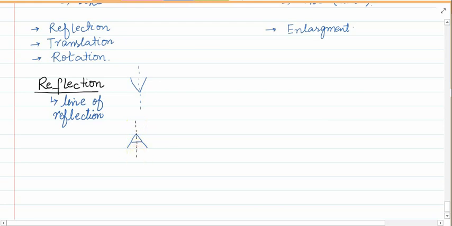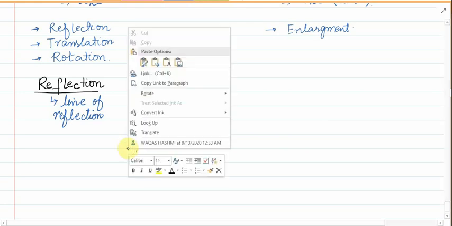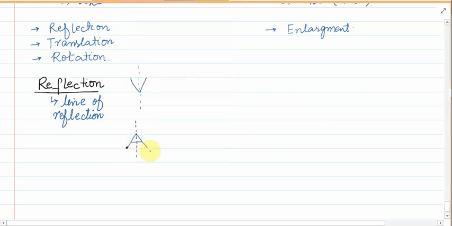So this line is a line of reflection, right? With respect to the line of reflection, the point on the left side and the point on the right side must be equal as compared with the line of reflection. The same concept you have studied in the topic symmetry. So that is a line of reflection: the distance must be the same for the object and image from the line of reflection.